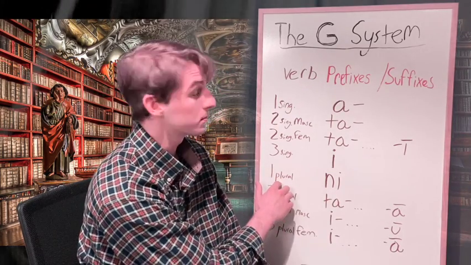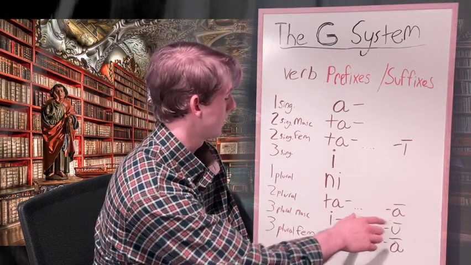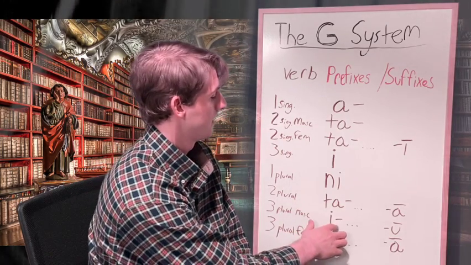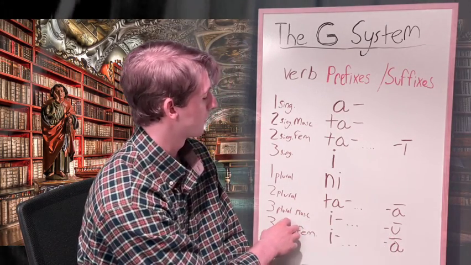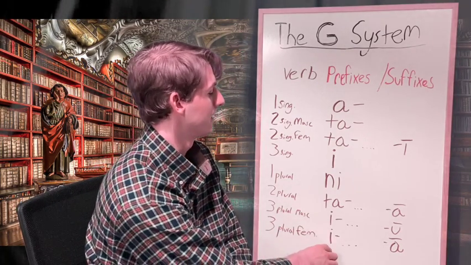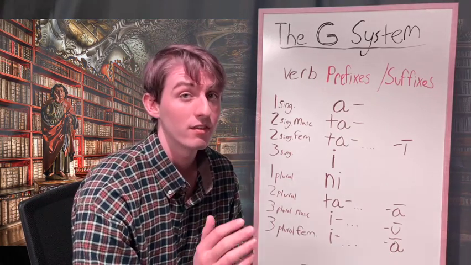Ni is a first person plural, which would be like we. Ta-a would be the second person plural, which is like y'all. I-u would be the third person plural masculine, which is like they, but masculine. And the a would be the third person plural feminine, which is they, feminine.